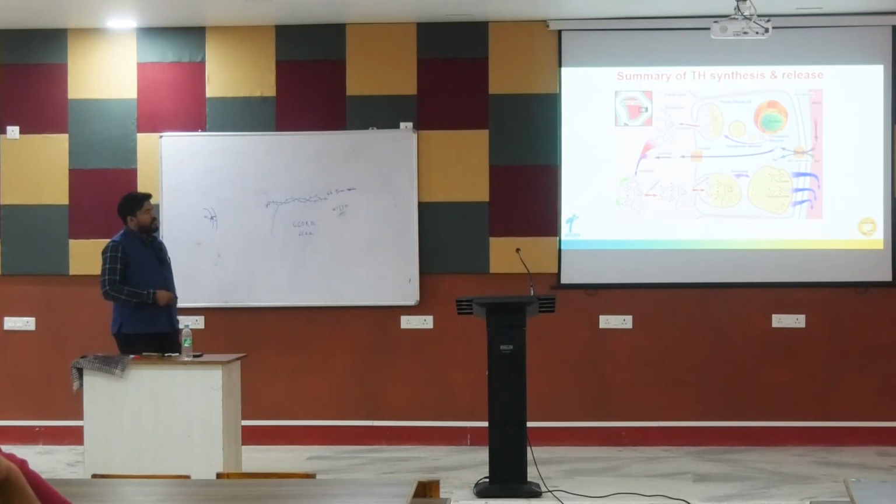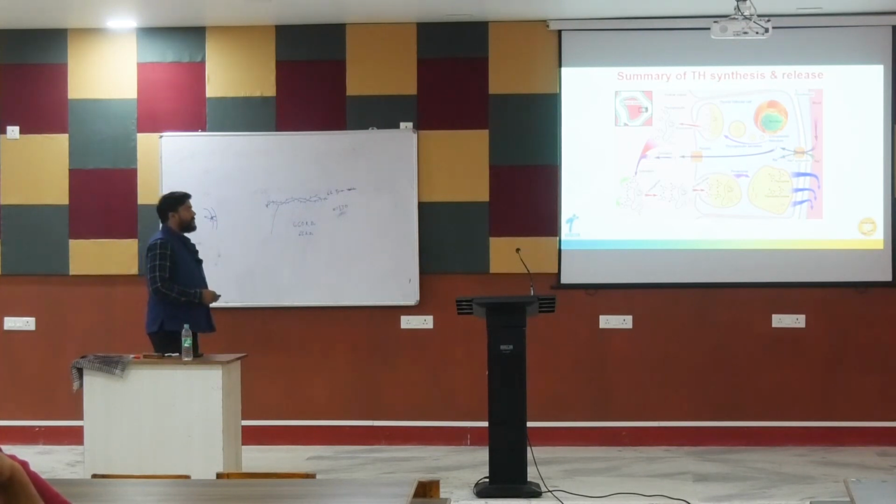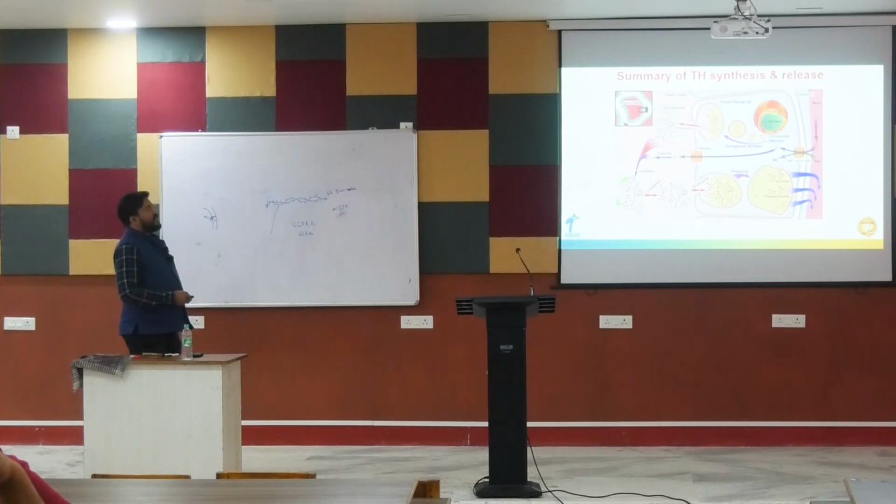For iodine transport, there are two transporters. One is NIS and one is pendrin. This is important. NIS is present in close proximity to the blood vessels, and pendrin at the apical membrane of the thyroid follicular cells toward the colloid side.